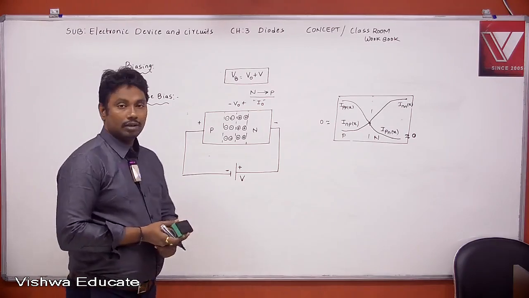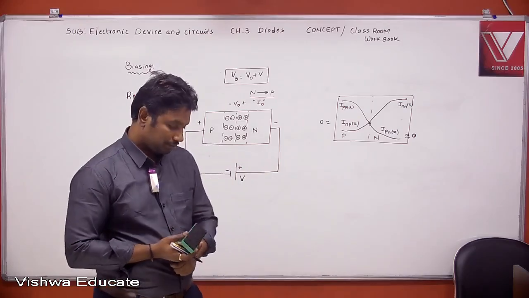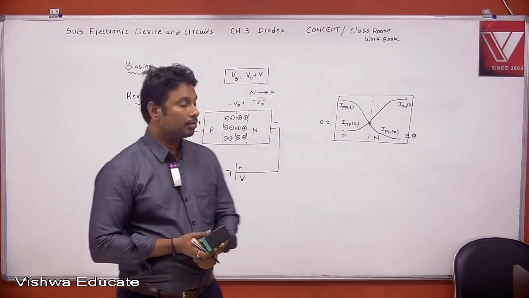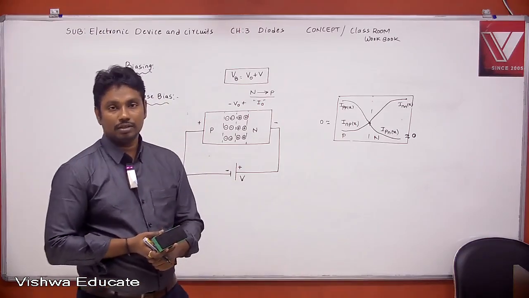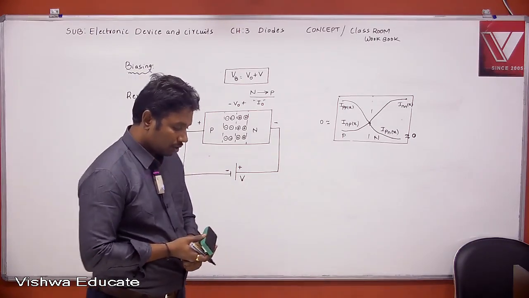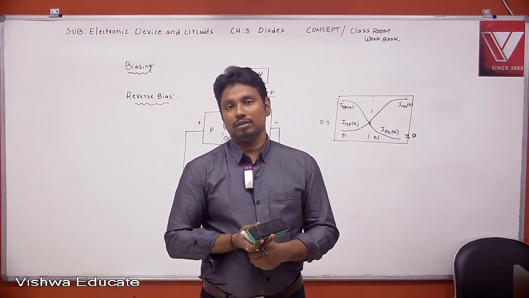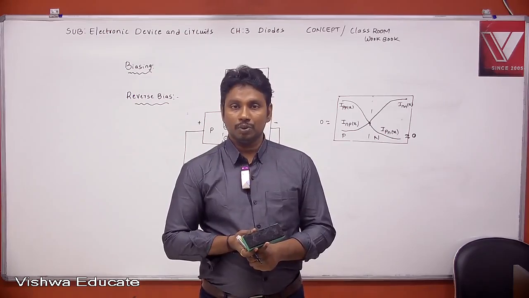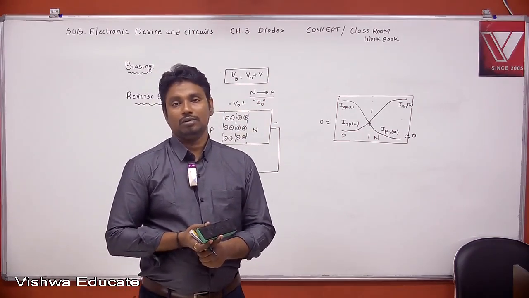Next point. Due to the large barrier potential, majority charge carriers will not move from P to N and N to P. Due to which the majority carrier current becomes zero.